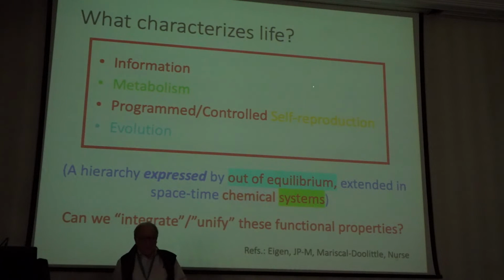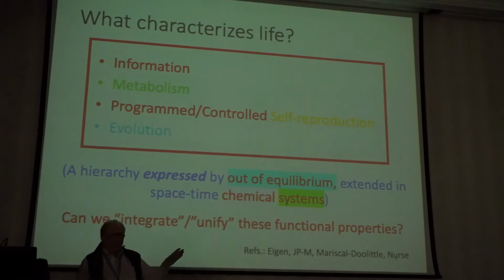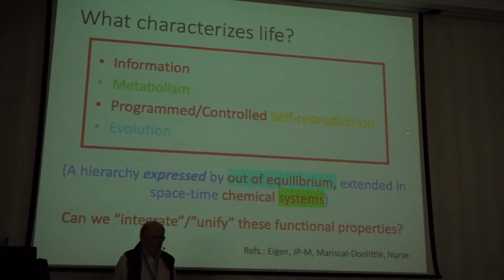The system is capable of doing self-reproduction, that is to say the system as a system generates the seeds for the production of new systems, daughters, whatever you want to call them, and then the system needs to evolve. We could spend a year discussing all of these properties in detail. Of course, here we don't have the time.